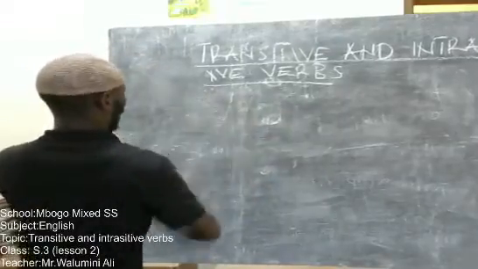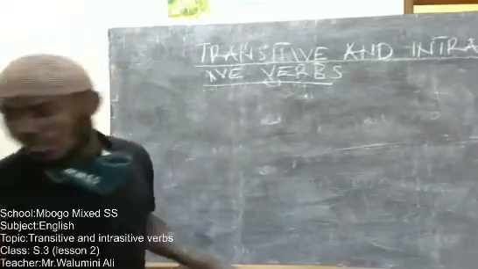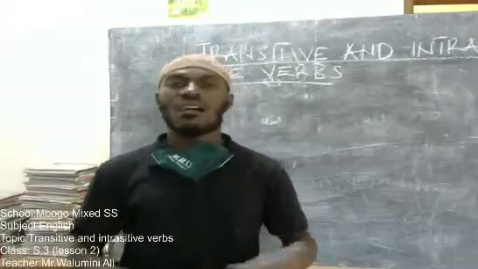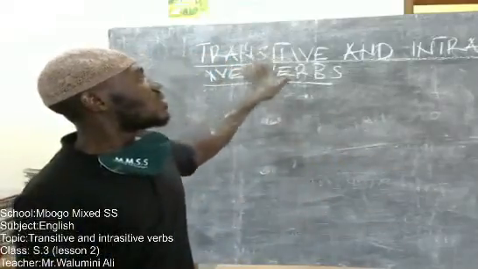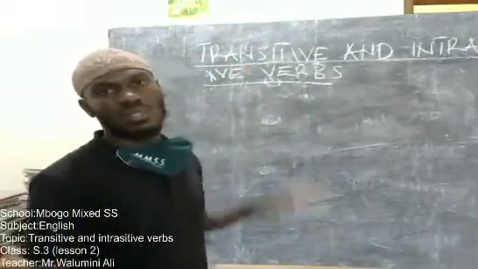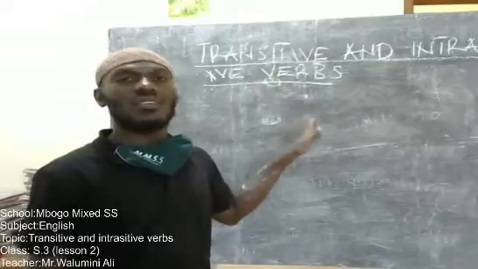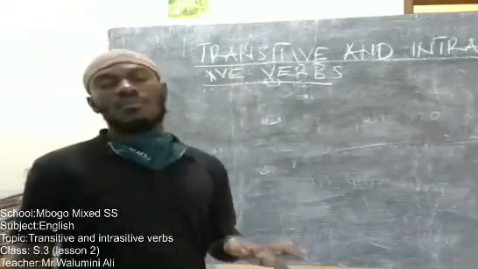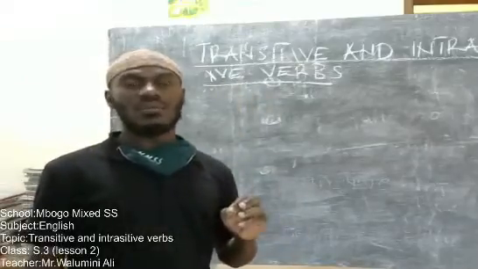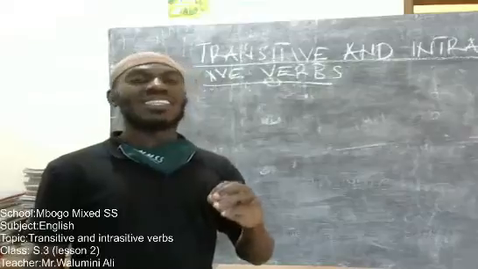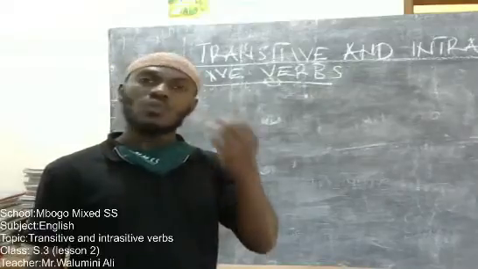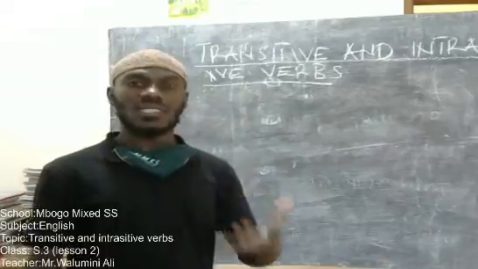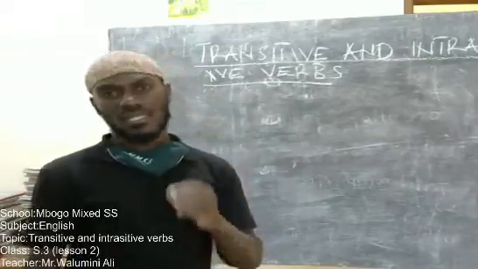Okay, now after looking at what a verb is, we have transitive and intransitive verbs on the blackboard. Now, what are these kinds of verbs? One, an intransitive verb is a verb that does not require an object to make full sense of a sentence or a complete statement.